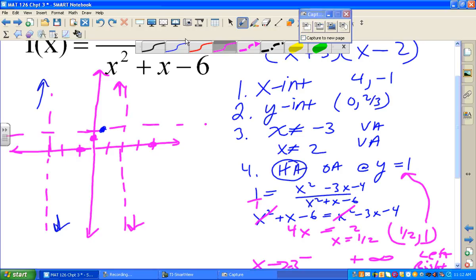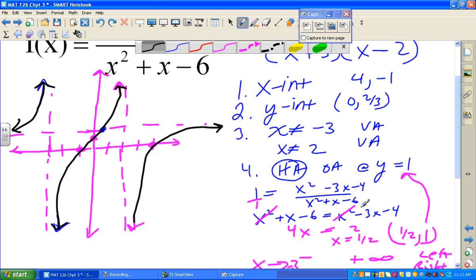Now you just fill it in with the rest of it. So it's going to look something like this, where it crosses, crosses, crosses, and goes up. And then from here, it's going to go through right here and go on out. That's the complete way of graphing that one out.